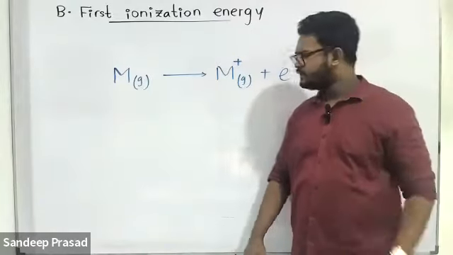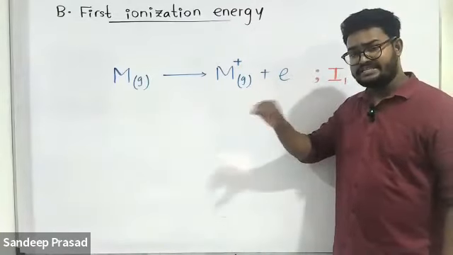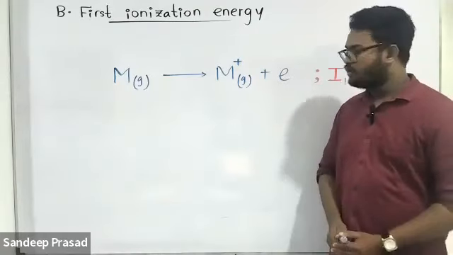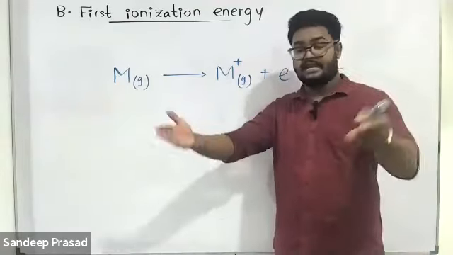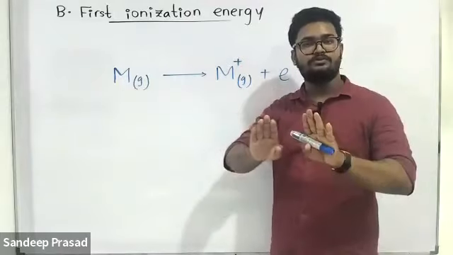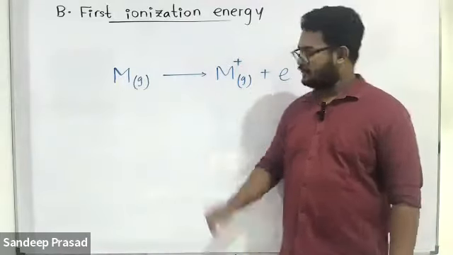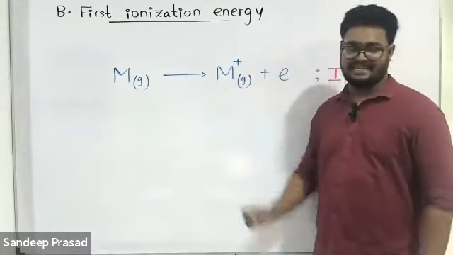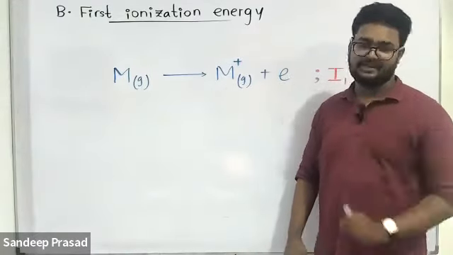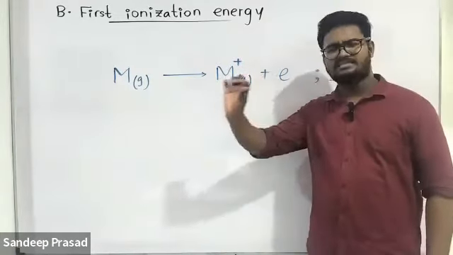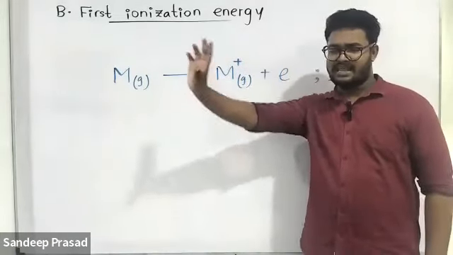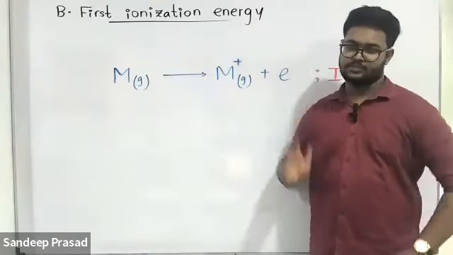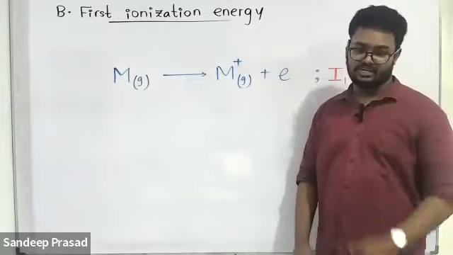Come again, the minimum energy that is required to remove 1 mole of electron from gaseous state, 1 mole of neutral atoms in order to form 1 mole of gaseous state monovalent cation. At the last I gave you at the standard state, temperature 25 degrees Celsius and pressure 1 atmosphere.